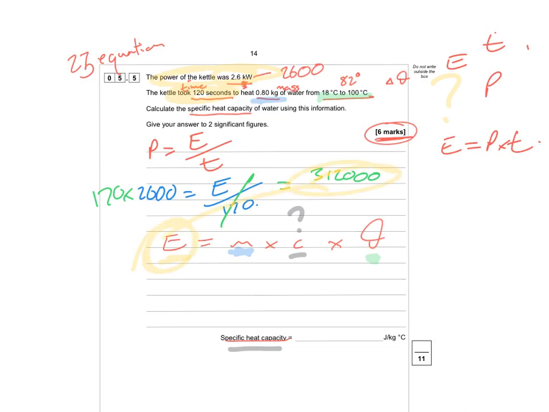So now we've actually got a relatively simple calculation, which you guys should be eating up really. So I've got 312,000, sorry, nearly missed one, equals the mass, which was 0.8, times C, which I'm trying to find out, times the change in temperature, which is 82.